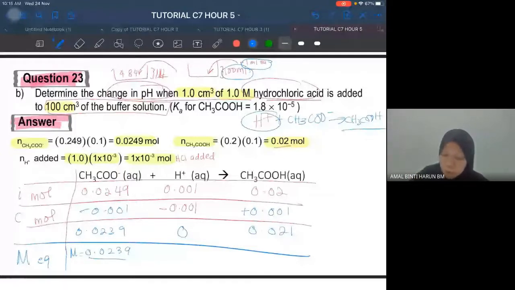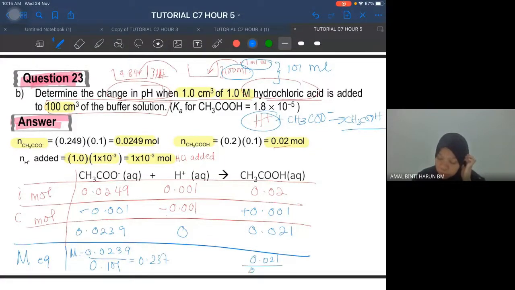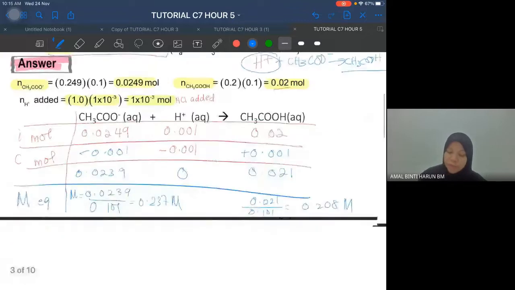So total volume is 101 ml, okay, 0.101 liter. So the concentration will be 0.237. Another one is 0.021 over 0.101, so it is 0.208. Okay, this is the molarity of the salt and the weak acid.